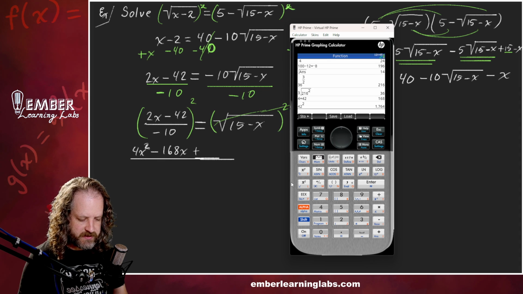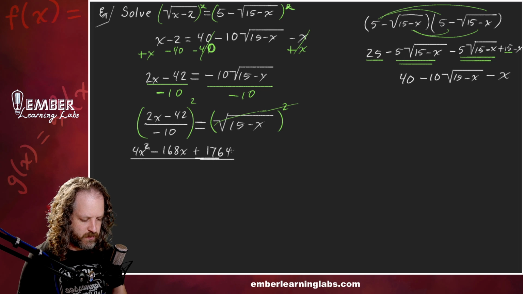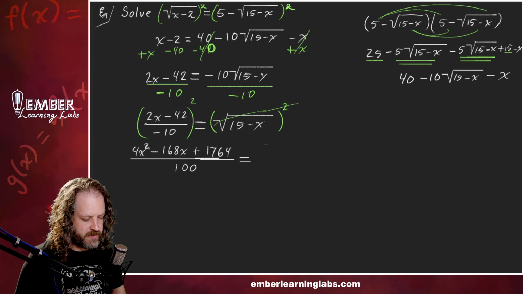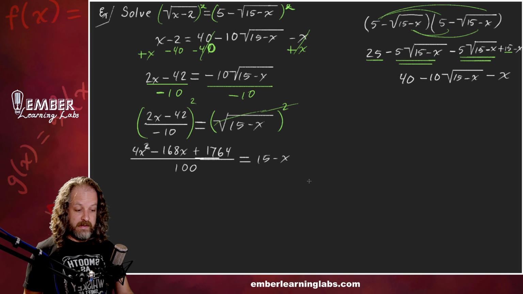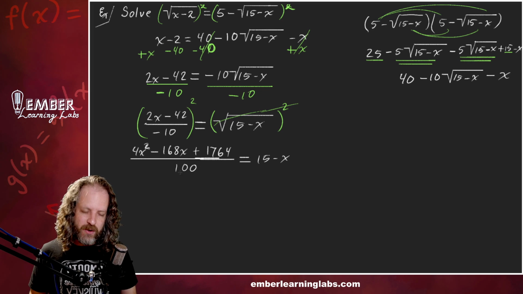Enter. 1,764. 1,764 over 100 equals 15 minus x. So we want all this over there, and we don't really want this 100 here.